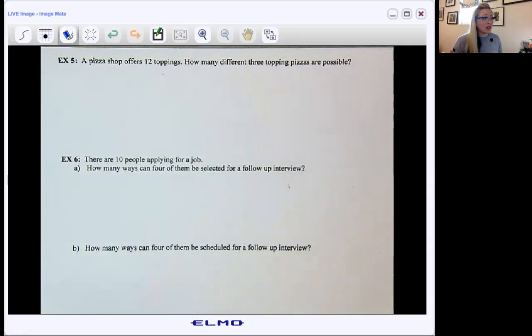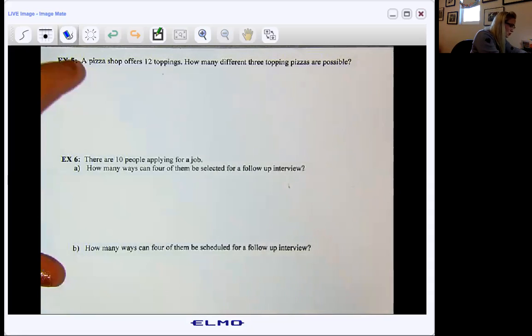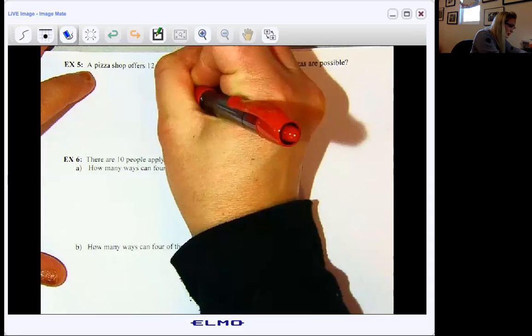Does it matter the order that I pick those toppings, right? If I like ham, mushrooms, and olives, is that a different grouping than if I have olives, mushrooms, ham? No, it's the same grouping, right? So it's a combination. So this would be 12 choose 3.